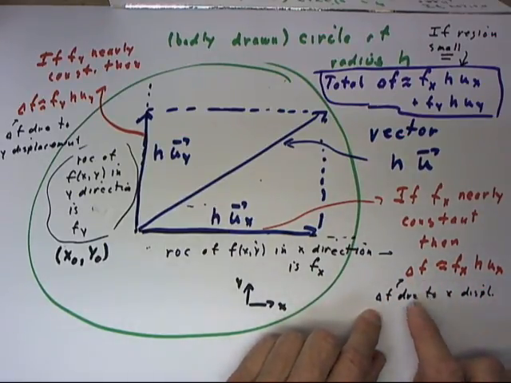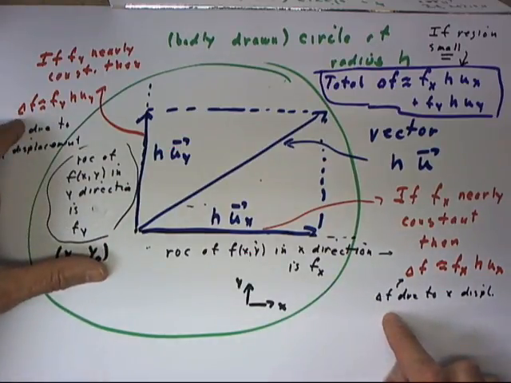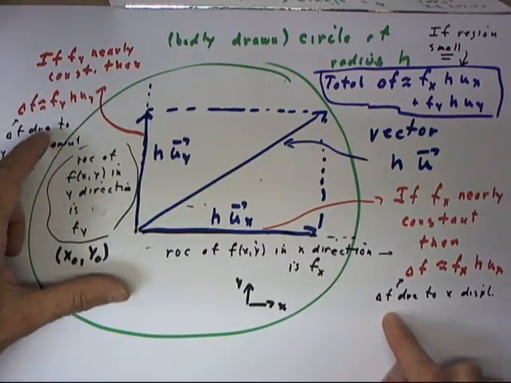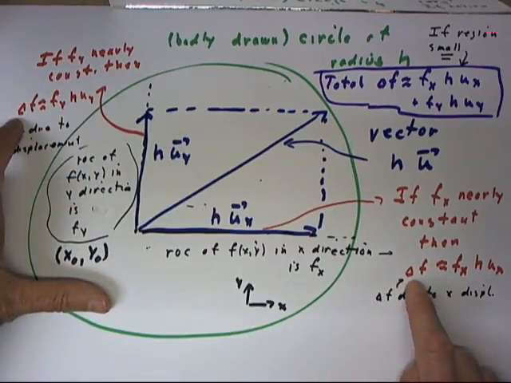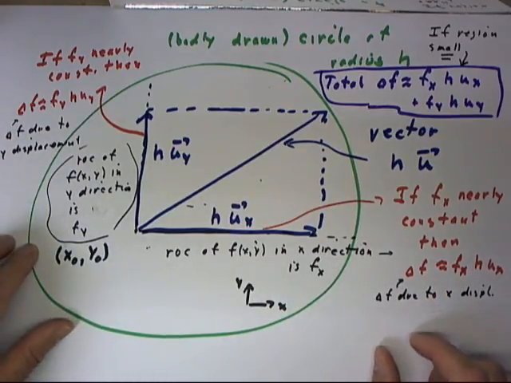Now this is delta f due to our x displacement. I'm using delta f for the change in the value of f due to the y displacement, using the same symbol because, as I've said, I can't think of a really good way to distinguish those two with notation that at this stage at least wouldn't be misleading.